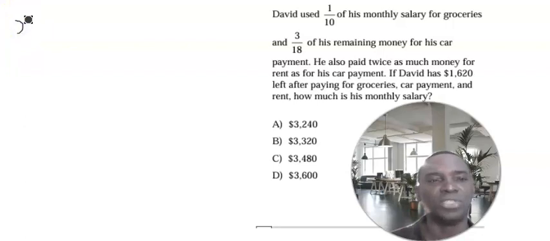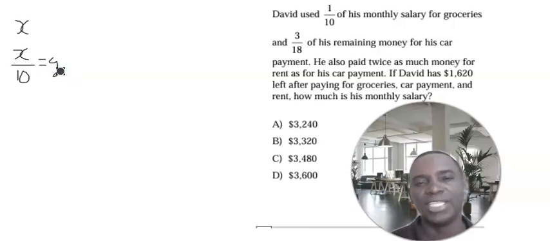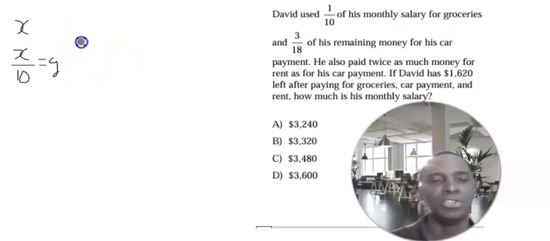Let's call this x. He spent x over 10 of his monthly salary on grocery. So that's x over 10. We call that G. And we are told that 3 over 18 of his remaining. What do you think will be the remaining?